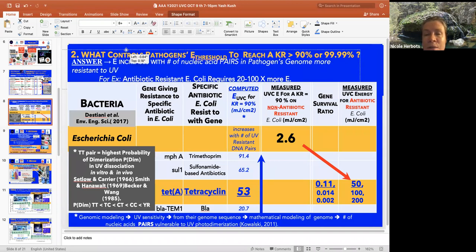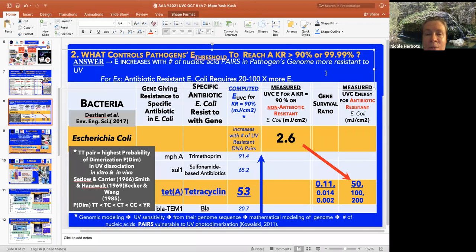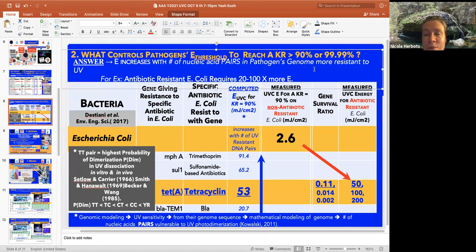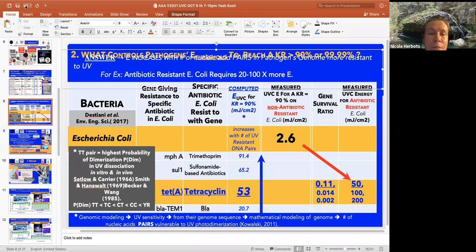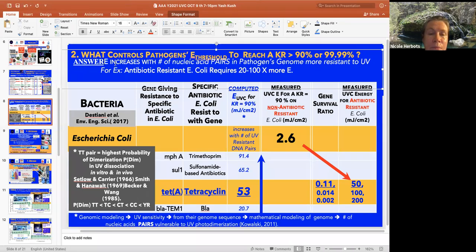Just pull the side of the box on the right. Bigger, bigger, bigger. Remove the arrow between answer and E. Okay, we finally have a one-liner.